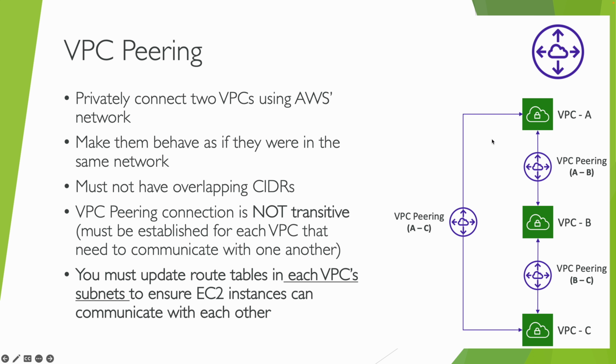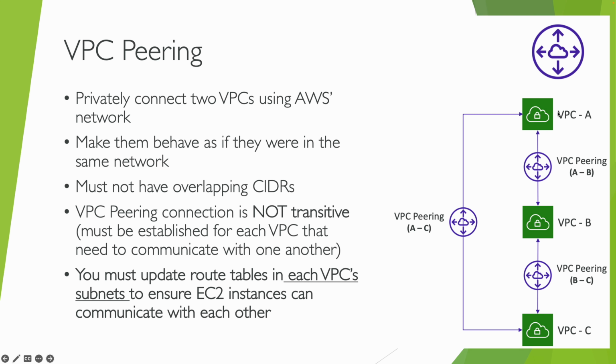So the CIDRs must not overlap between the two VPCs you want to peer. Also, VPC peering connection is not transitive, so it must be created for each pair of VPCs that need to communicate with each other.